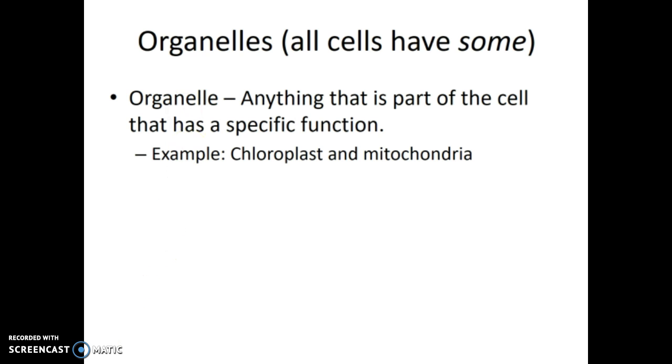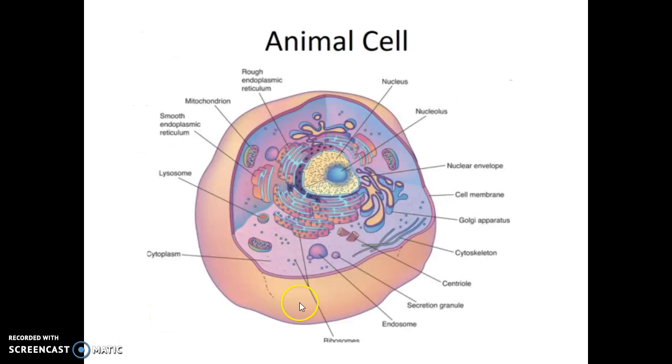Here we see a picture of an animal cell. The nucleus is this big purple ball that is characteristic of eukaryotic organisms. Some of the other organelles that we see in this picture would include the cell membrane, which we've already spoken about, made up of phospholipid bilayer. Mitochondria, we spoke about that with cellular respiration.